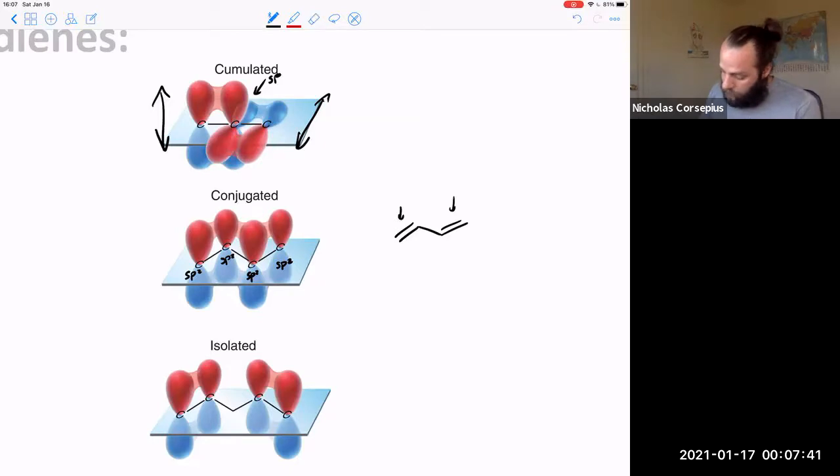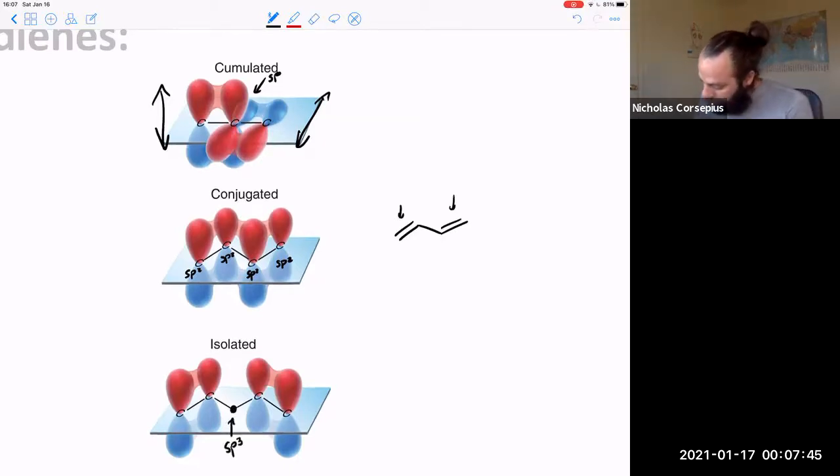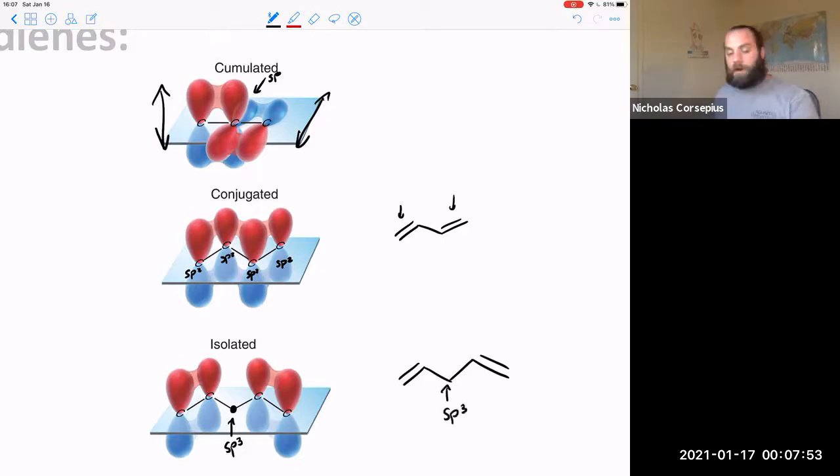So then all of a sudden when we interrupt things with this sp3, for example this guy here, we know that this is isolated because we have this carbon here. The reason I say it messes up that conjugation is because it does not have a p orbital that it's able to contribute to this network.